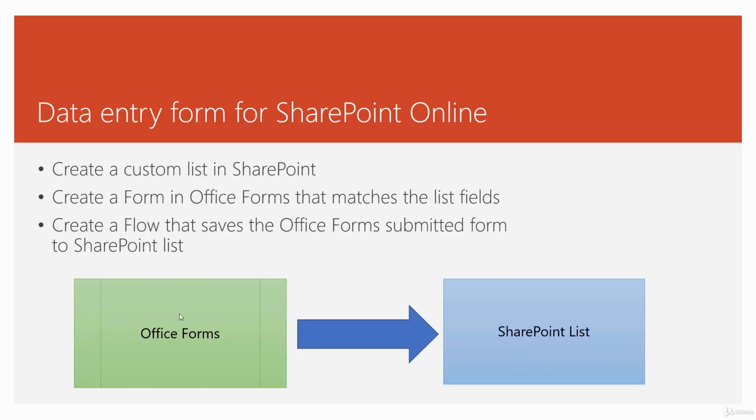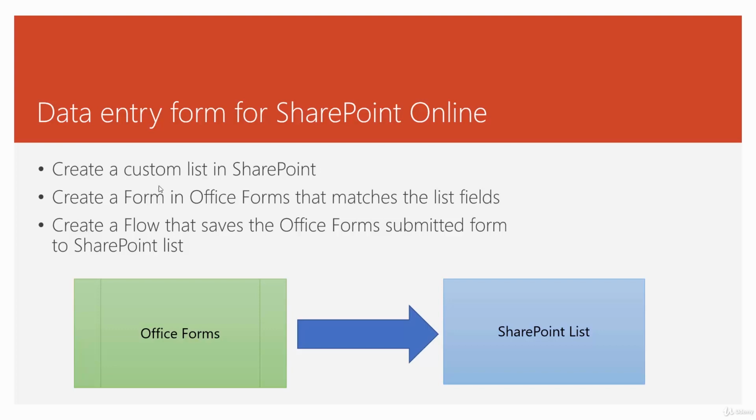So they can come to this form and they can access this form without any username and password. When they submit, the form should go to this list that requires authentication. And that's the job of our flow.